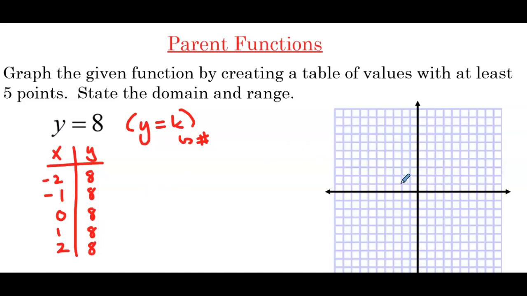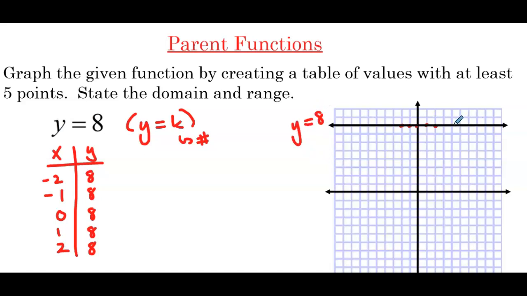So if we plot these points, -2, 8, -1, 8, 0, 8, 1, 8, and 2, 8, I can connect these points with a line. And there we have the line y equals 8.